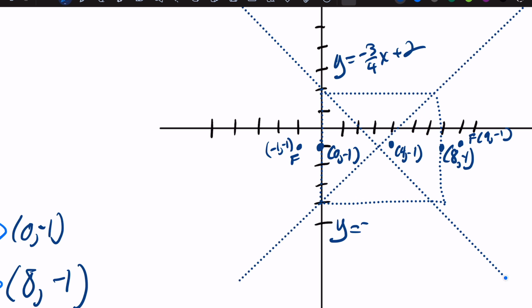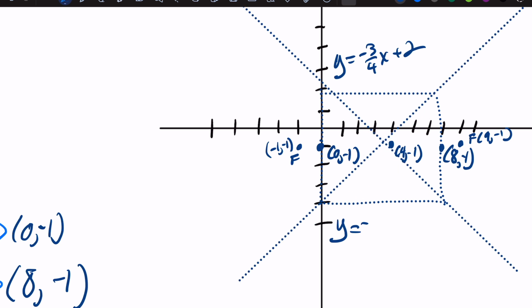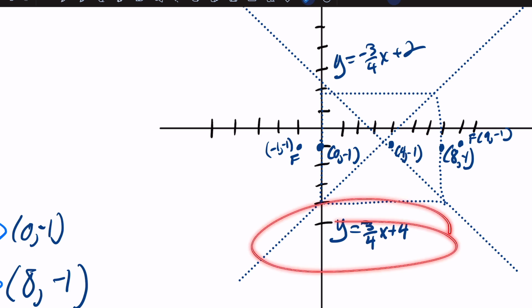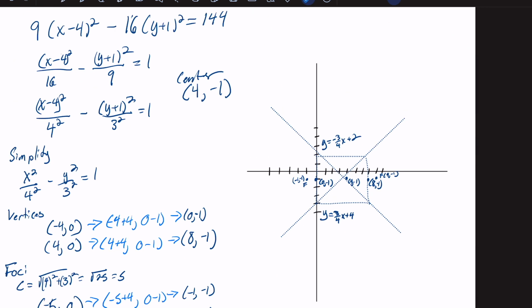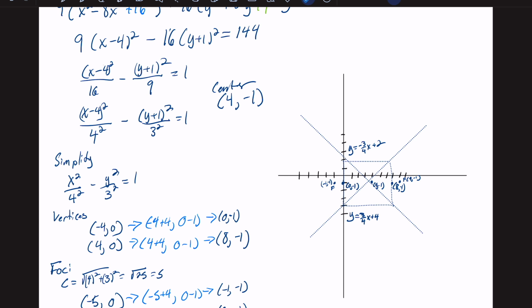I can fix it from here. Now it goes through where I want to show you. So it goes to positive 3/4 x plus 4. And notice how I've sketched these lines just by doing the box same as before, and you get the same equations.